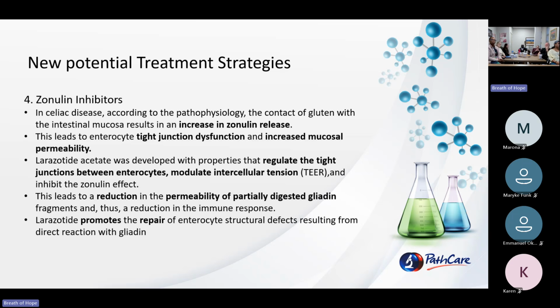So larazotide acetate was developed with properties to regulate the tight junctions between the enterocytes and to modulate intercellular tension. So that would inhibit the zonulin effects. And this leads to a reduction in the permeability of partially digested gliadin fragments, and thus the reduction in the immune response that follows. So larazotide has been shown to promote the repair of enterocyte structural defects.